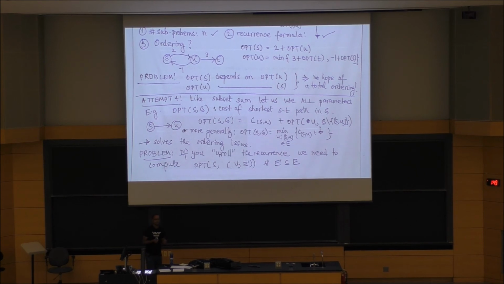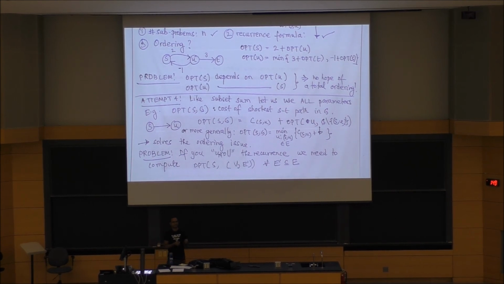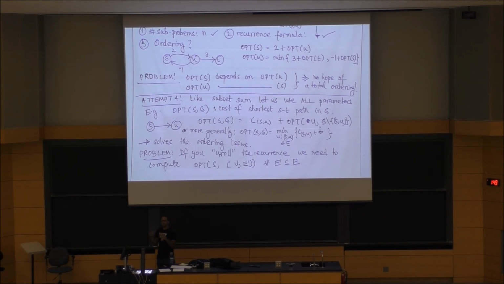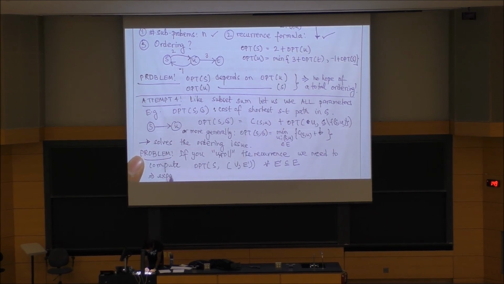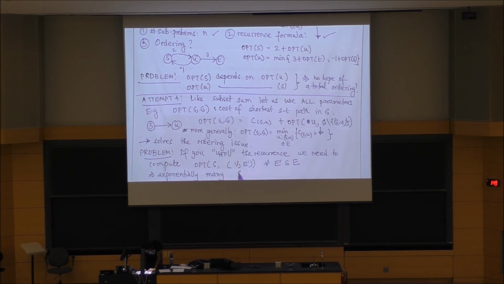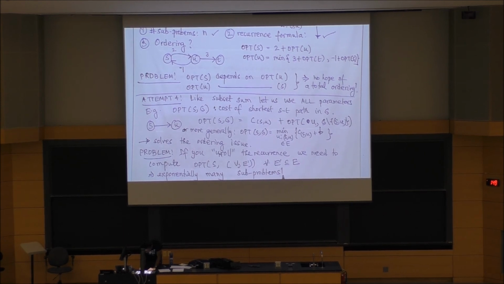Now you might be able to tweak certain things and save certain of these subgraphs, but ultimately you still have to look at exponentially many of these. So this implies exponentially many subproblems.